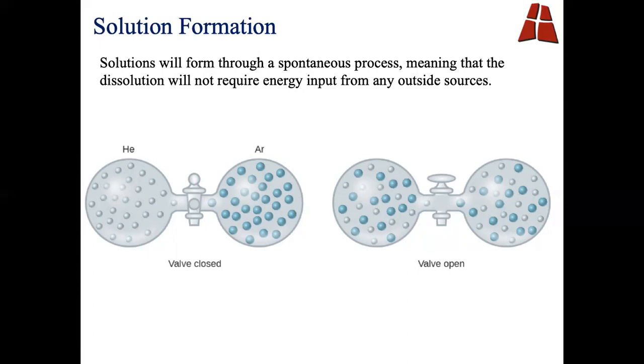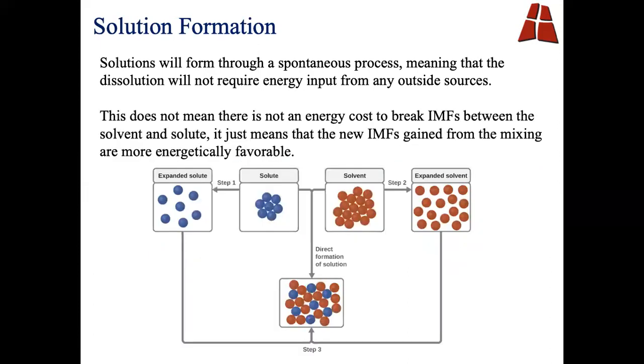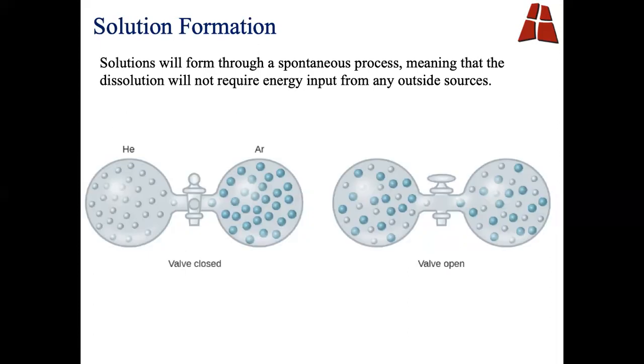But for now, essentially, you can think of it as something that will not require energy input from any sort of outside sources. And so in this example, we have a bulb with helium, a bulb with argon, and when we turn the key in order to essentially create a passage between those 2 bulbs, a solution will form between the 2 gases because we essentially have a spontaneous mixing process.